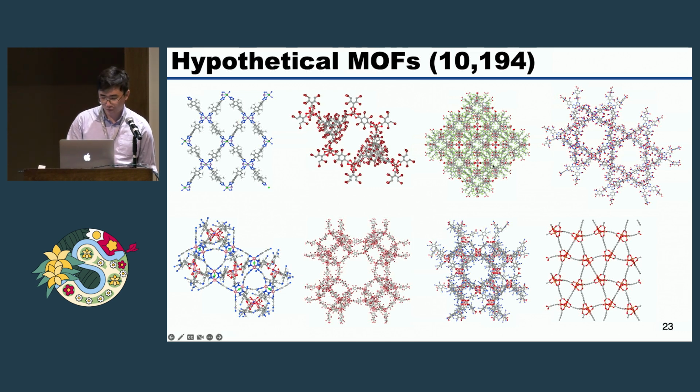I didn't have space to include all 10,000 MOFs here, but here are some of them. As you can see, they are diverse in terms of pore size, pore shape, and the chemistry of the building blocks. Hypothetical means that experimental synthesizability is not guaranteed, and we think that's fine.